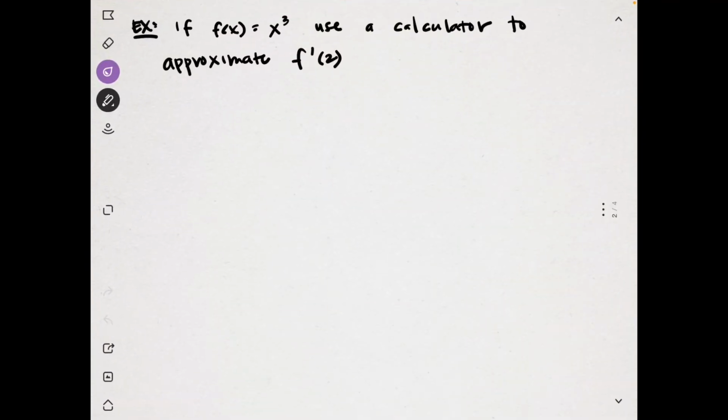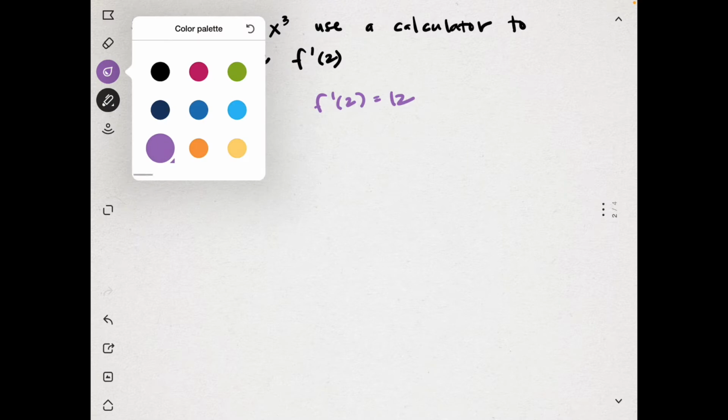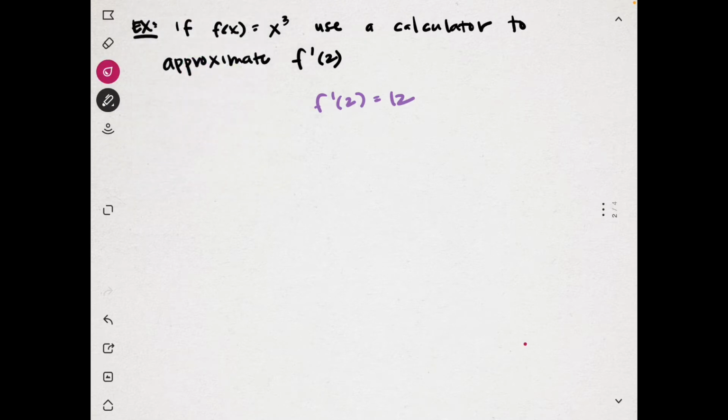We see that f prime of 2 is 12. Now we can also do it from the thinking that we used last time, right? If we had to do this and it wasn't asking us to use the calculator, we'd use the power rule on x cubed. We drop the 3 in front, we subtract 1 from the 3, and then all we have to do is find f prime of 2 at this point.